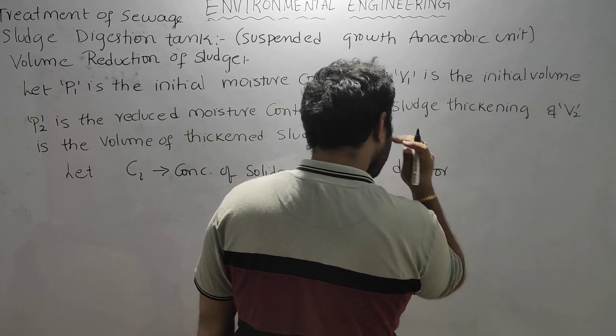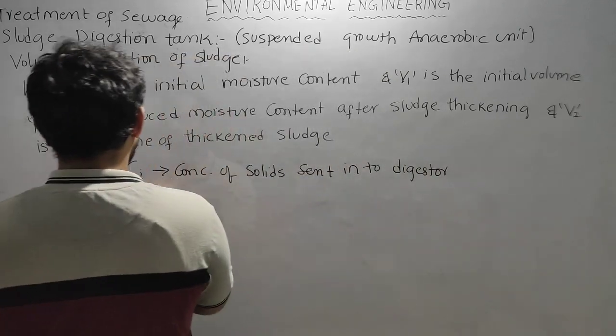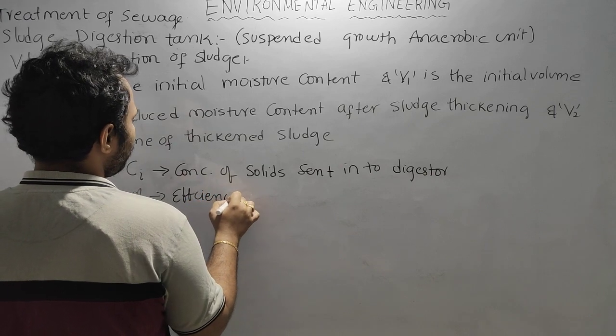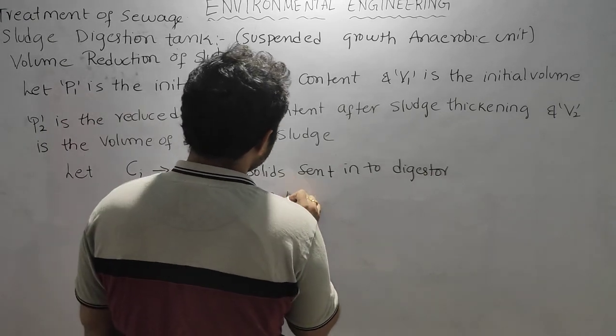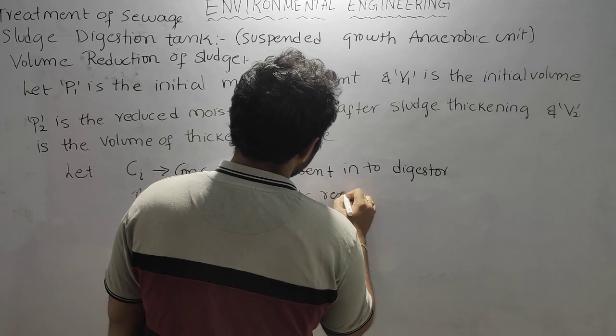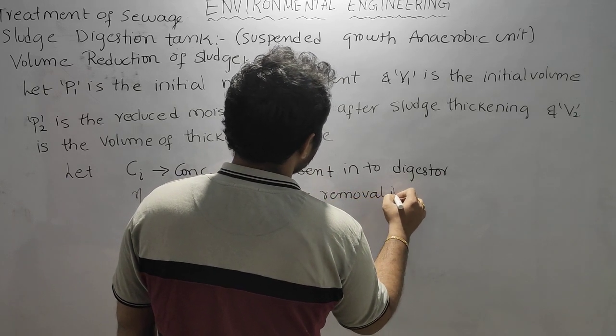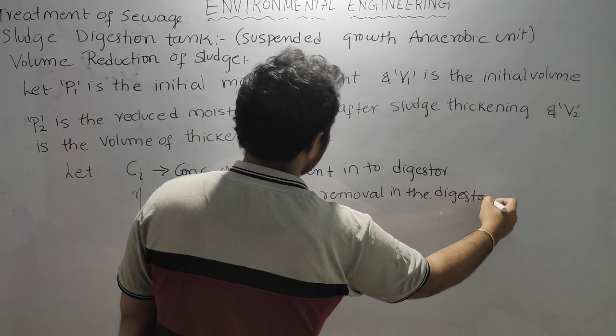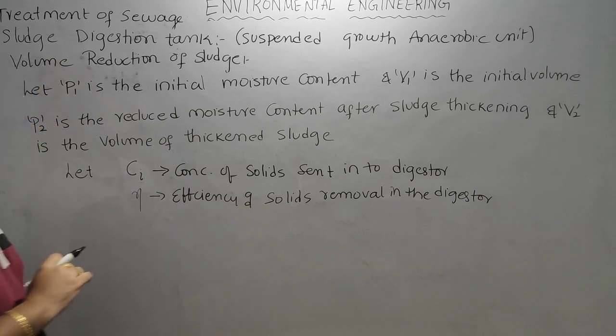Okay, let eta be the efficiency of solids removal in the digester. Now what is the amount of solids that will come out for drying? For drying purposes, how much concentration of the solids will come out?